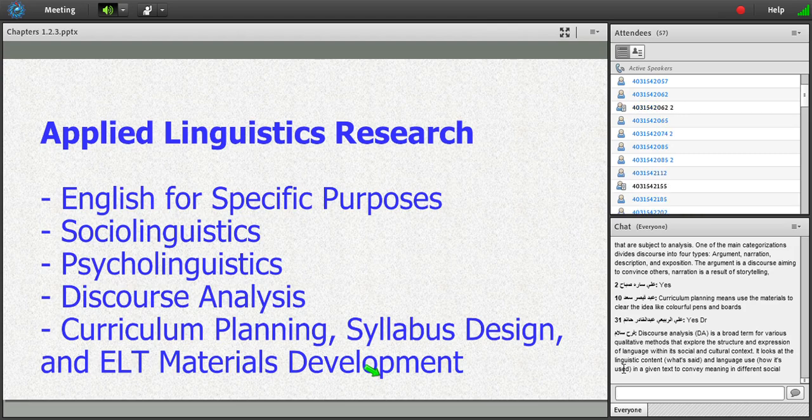You may evaluate the materials in terms of the number of activities or the type of activities they include. For example, how many of the activities for reading comprehension in Headway include the ones which improve the students' critical thinking.